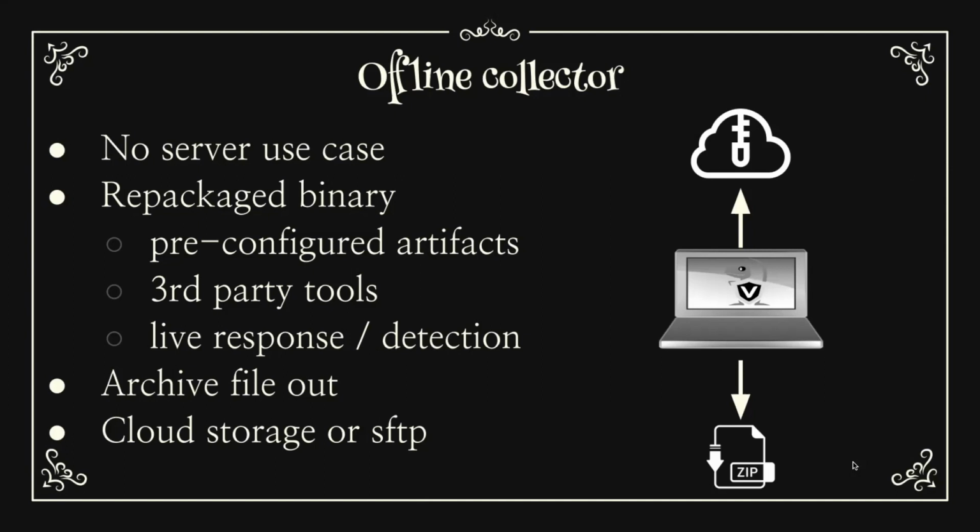Essentially, because Velociraptor is an all-in-one binary, you can configure it to run preset artifacts or preset things, and then when it's clicked, it will run those things. It will then output to an archive file, and you can say send it up to a cloud storage or SFTP site and do a level of preservation from that approach.